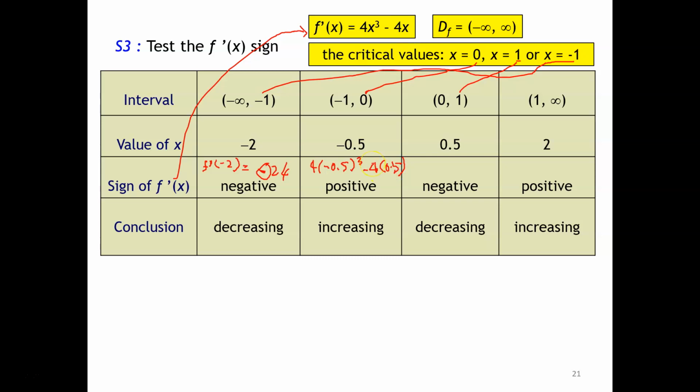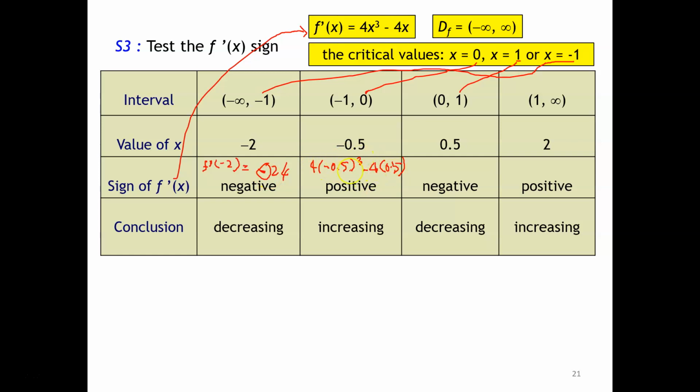You key in using a calculator. You get whether the answer is positive or negative. We don't want the value. We just want the sign, whether it is positive or negative. That is important. We don't care about the value. Whatever the value, we just leave it. We just want to know whether it is positive or negative.